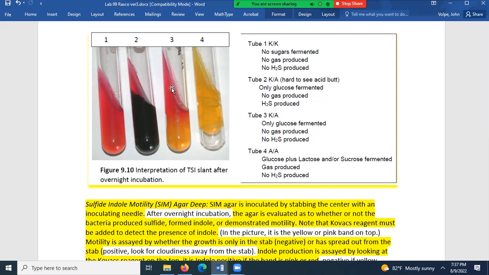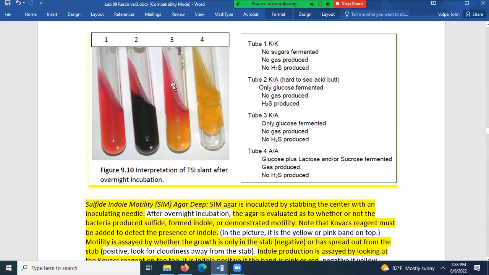And aerobically, the glucose was fermented on the slant until it was used up. Then once it is used up, the bacteria start metabolizing protein that will produce ammonia, which is basic, and that will change the color of the slant from yellow to red. Any questions about any of that?